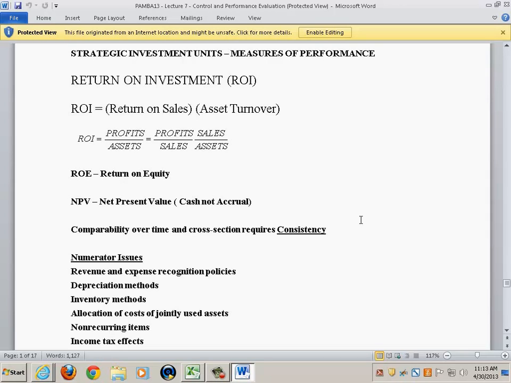You wish a higher return, you wish more of a return. The higher the return in terms of profits or investments, the better the performance is.